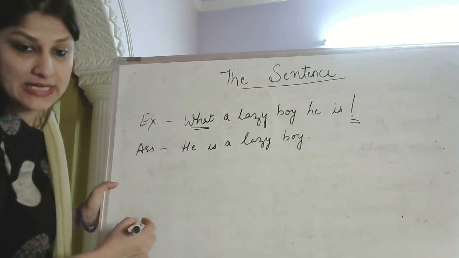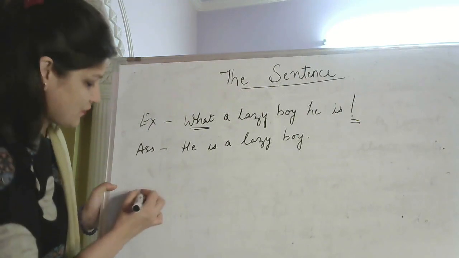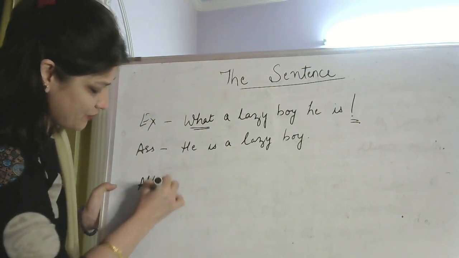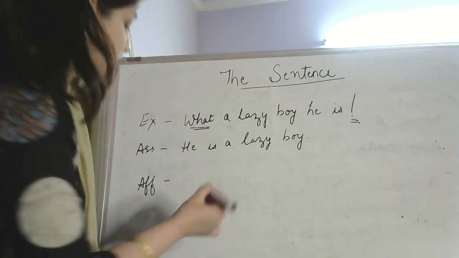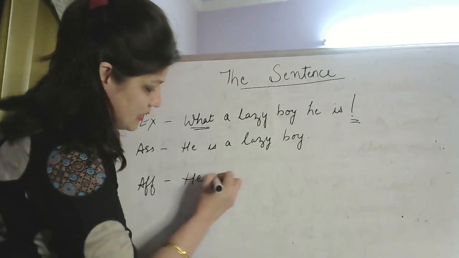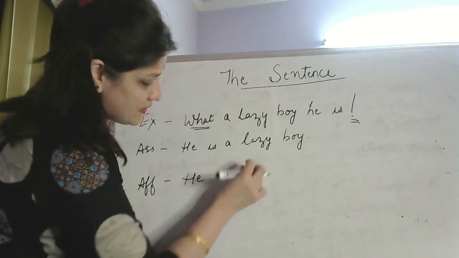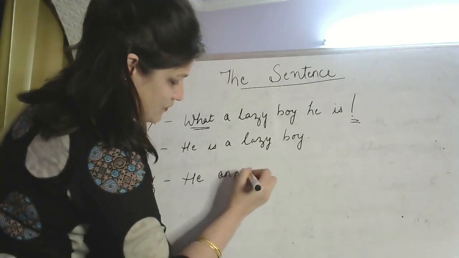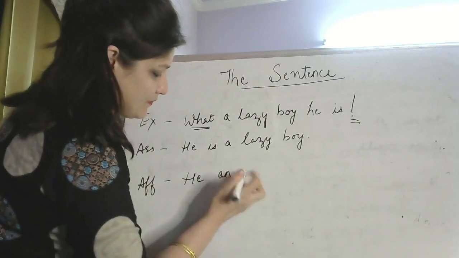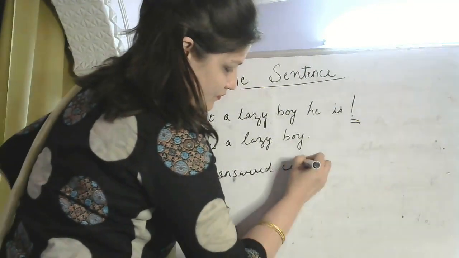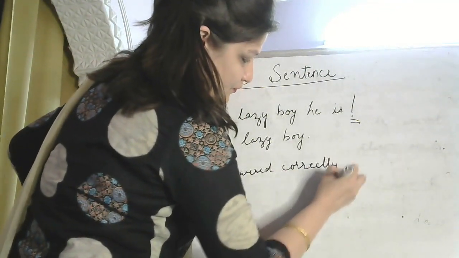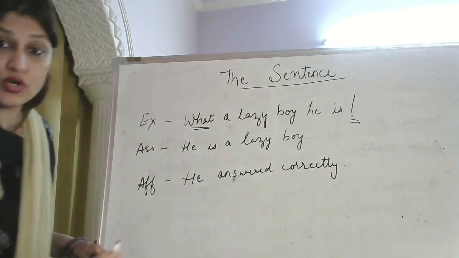Fine. So this is the first one. Then they have given the second one here, affirmative. I hope you remember affirmatives are the positive sentences. For example, he answered correctly. Full stop is important again.